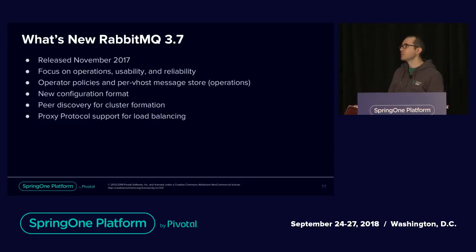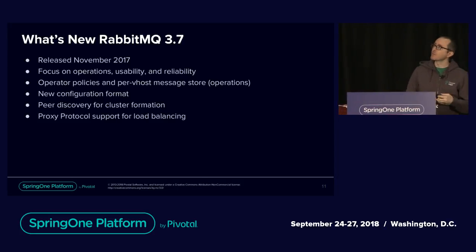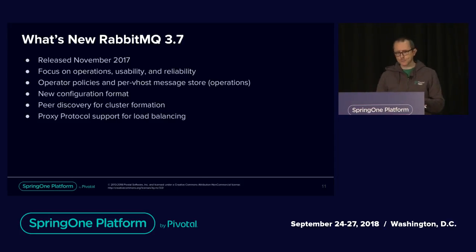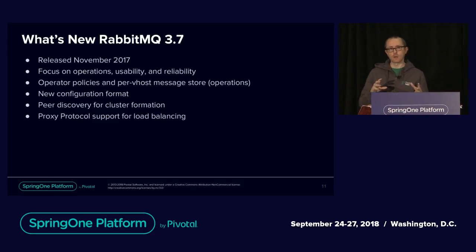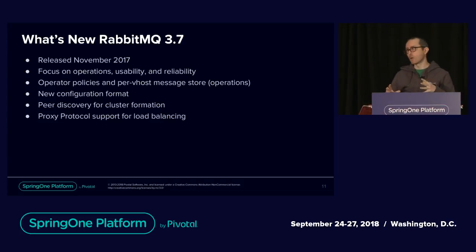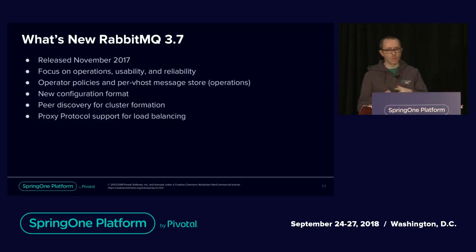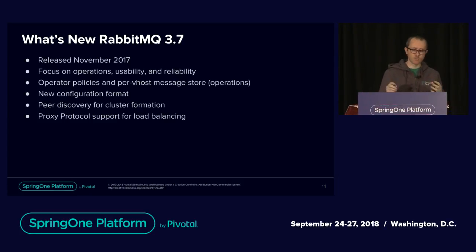An update about new stuff in the latest RabbitMQ version 3.7. It was released almost a year ago. We are trying to focus on the operation part and also reliability. For example, we try to make multi-tenancy even better by separating the message store per vhost.